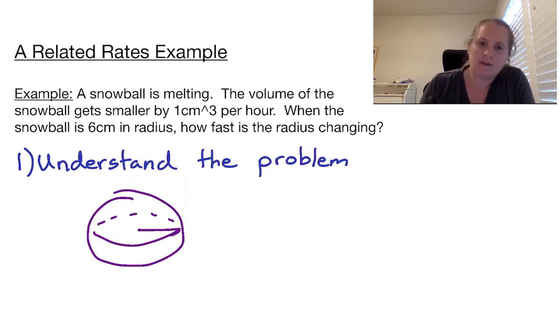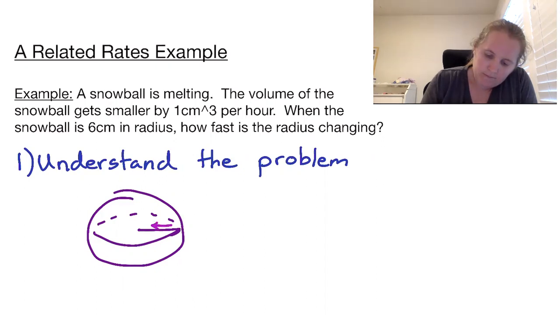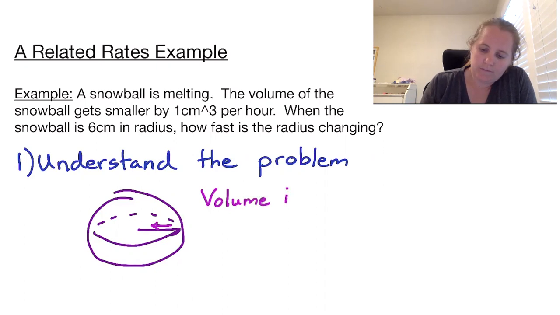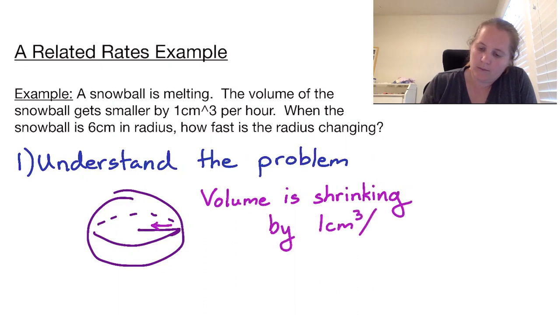versus the overall volume, the radius is shrinking and the volume is shrinking. So the radius is shrinking. Right? It's getting smaller and the volume is shrinking. So the volume is shrinking. By 1 cubic centimeter per hour.